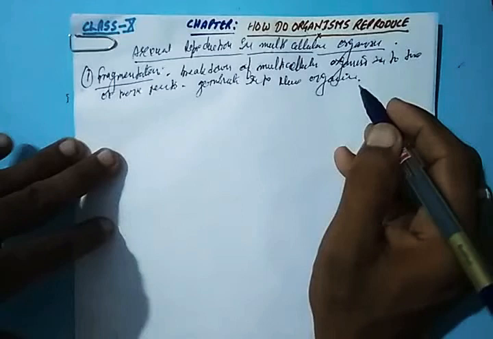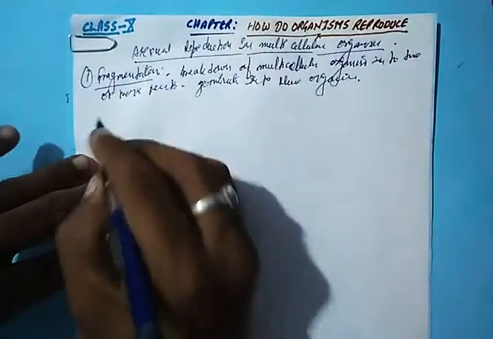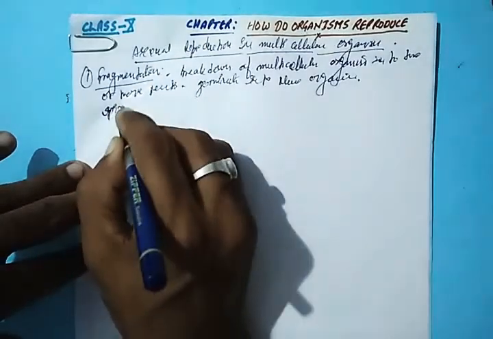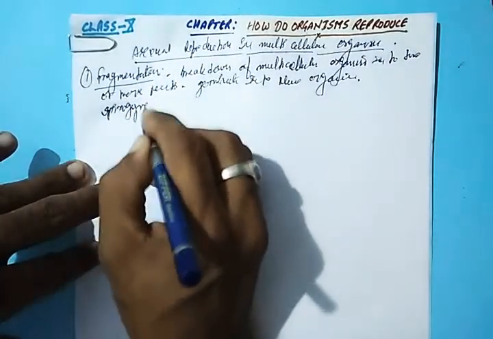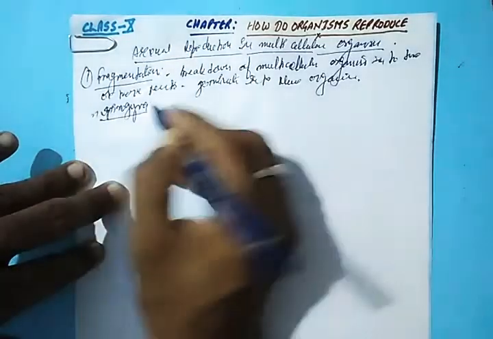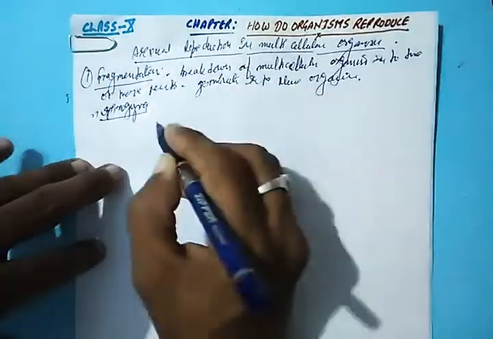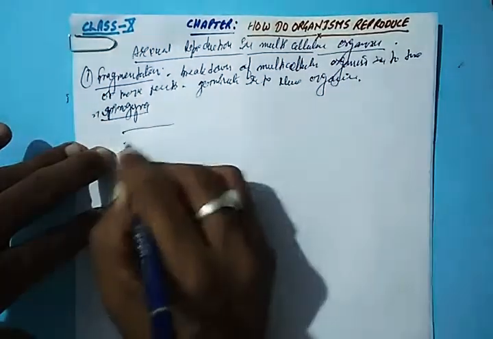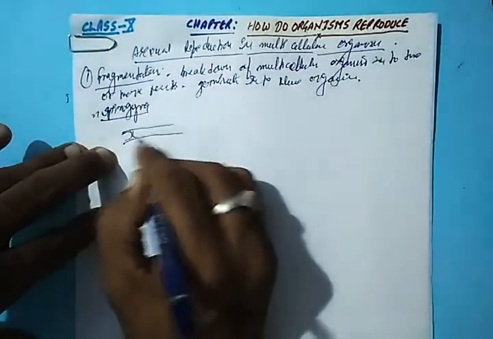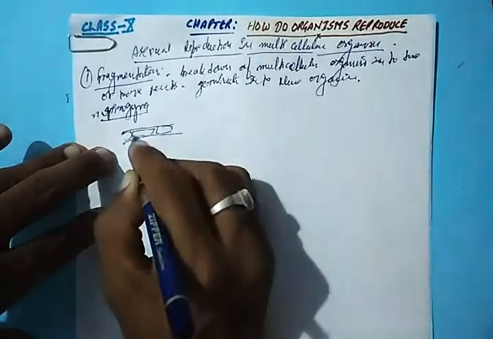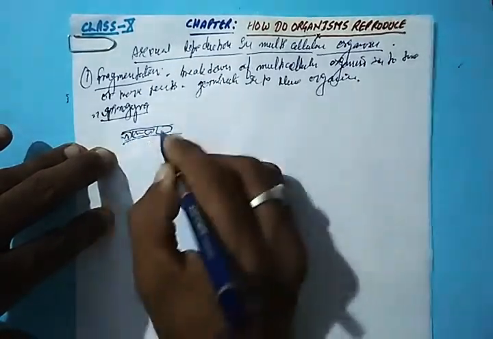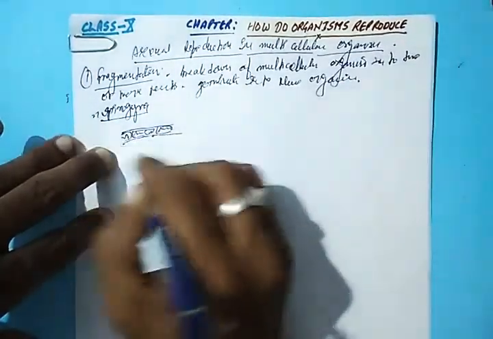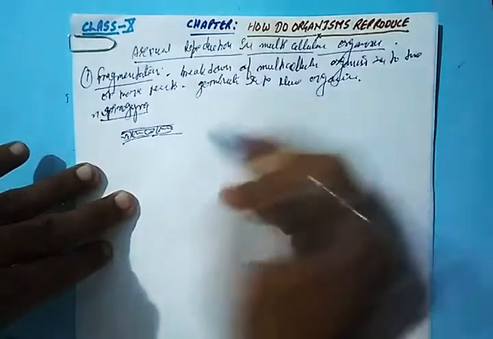The simplest example of fragmentation you can see in Spirogyra. Spirogyra is a type of algae you studied in class 9th. Basically, Spirogyra is also known as pond silk. It is a diagram of Spirogyra. These are the chloroplasts. Simply, Spirogyra splits or breaks into two or more parts.